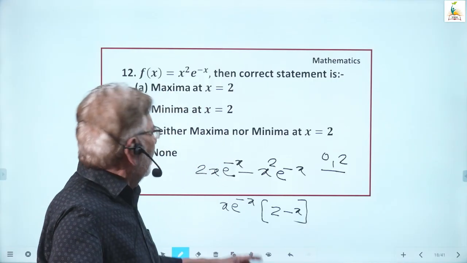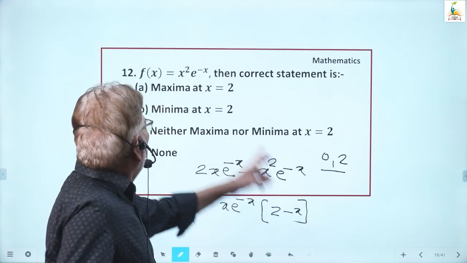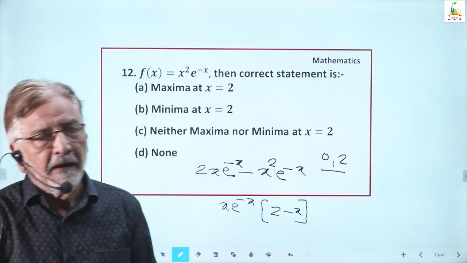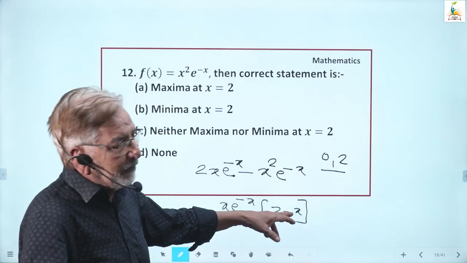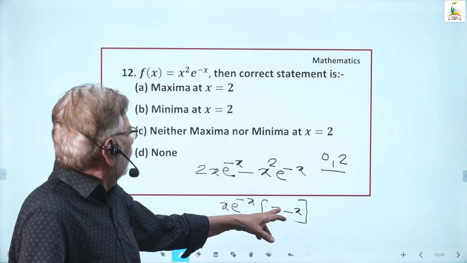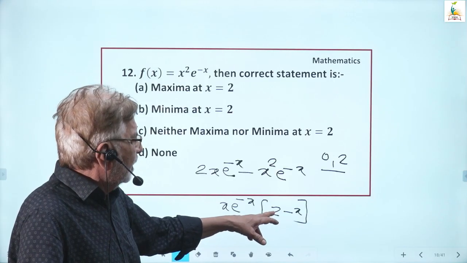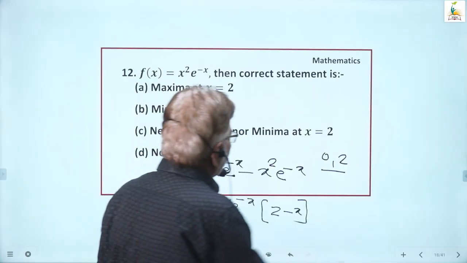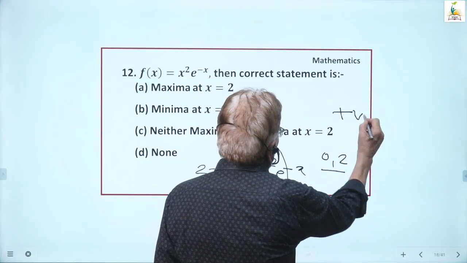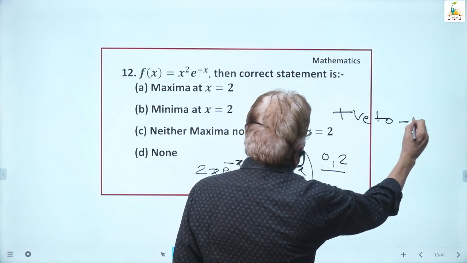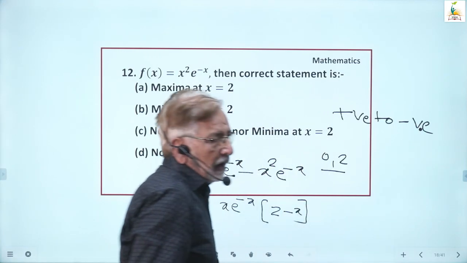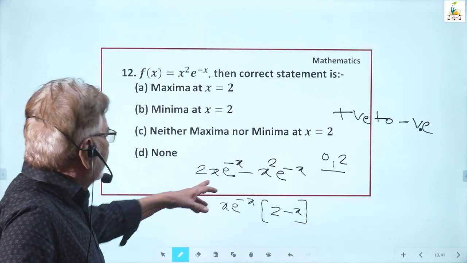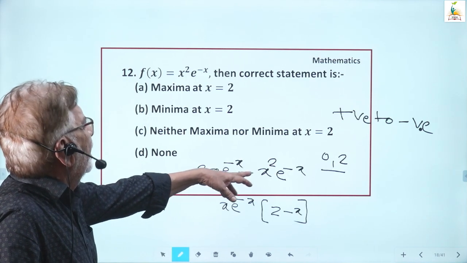Now see, he has given the answer only at 2, so we shall check it only for 2. If I put in left of 2, less than 2, it will be positive. For greater than 2, it shall be negative. So it changes its sign from positive to negative. Again explaining, differentiation is 2x e raised to minus x minus x square e raised to minus x.